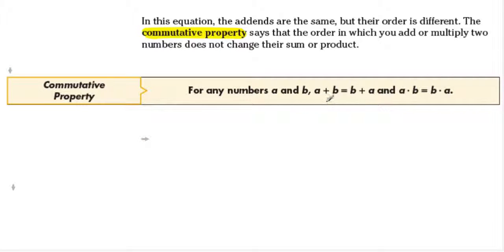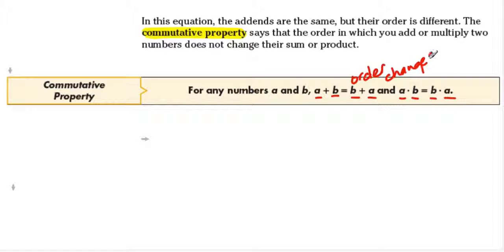What you notice about the commutative property is that the order changes. A plus B becomes B plus A, and A times B becomes B times A. The order of the numbers changes.